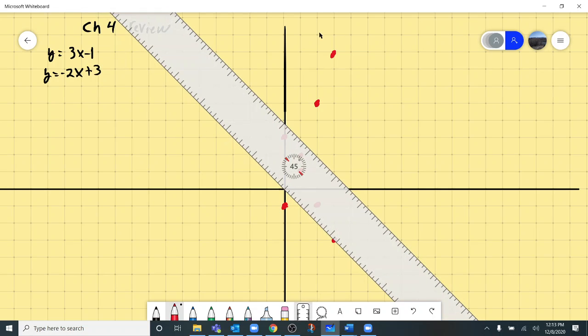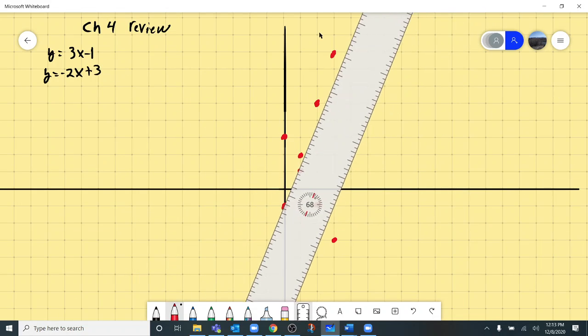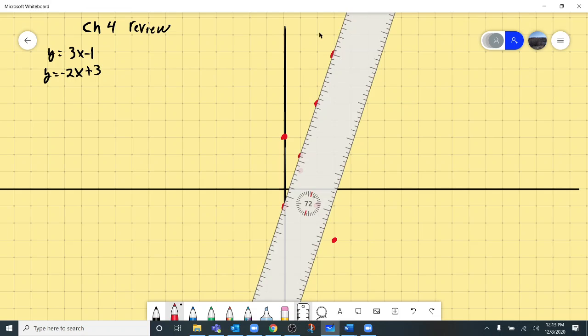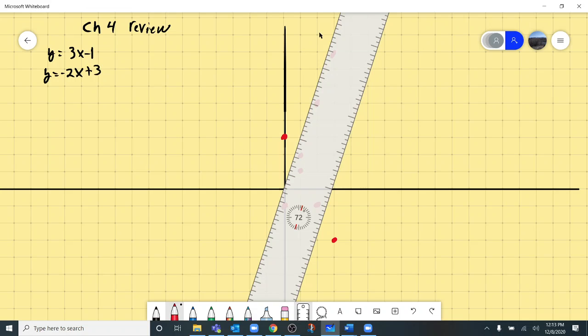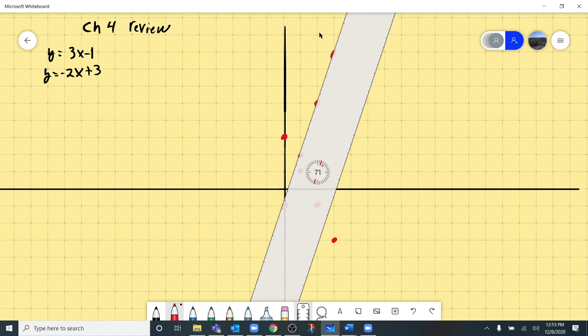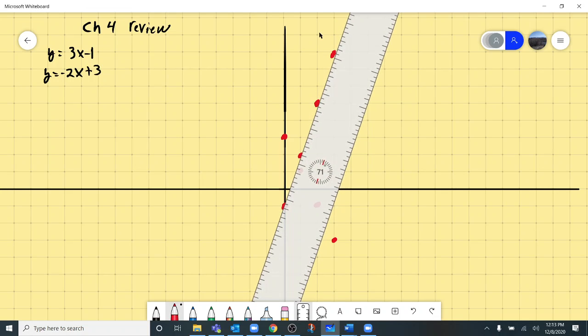Okay, so I'm going to get out my handy-dandy ruler and draw in my 2 lines. Try not to mess that up. Okay, so I'm drawing my line. So that's line 1.